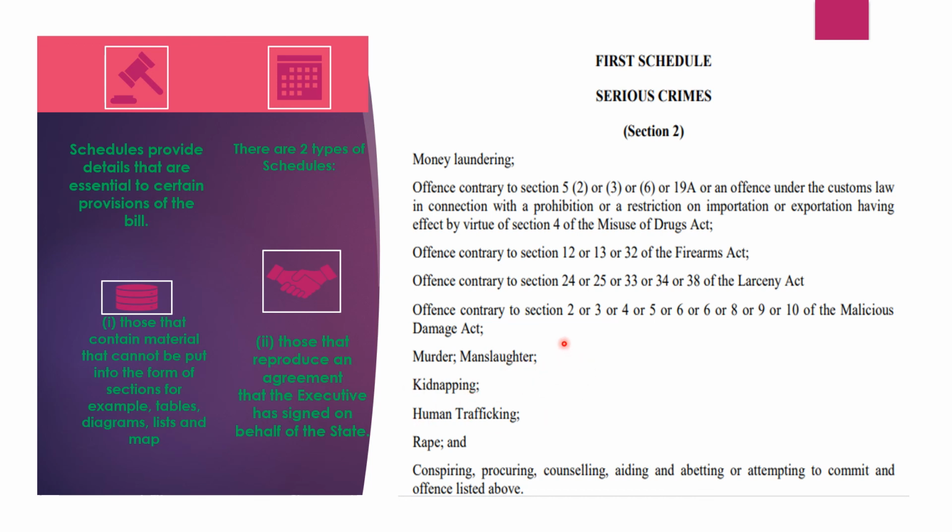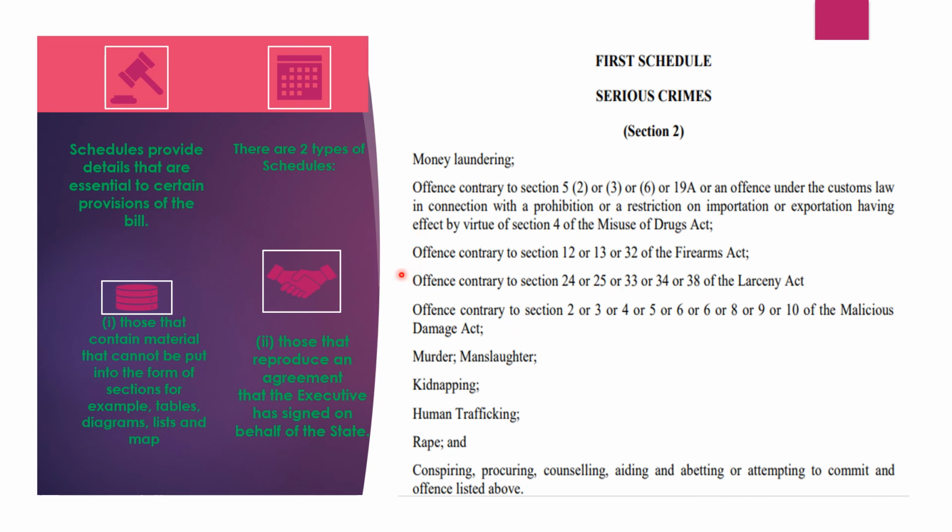So obviously, the legislation that this particular schedule was contained in, on the Section 2, reference was made to serious crimes in the first schedule. And so now that you've come to the part where there's a first schedule in the bill, you see a list of all the serious crimes that Section 2 would have been talking about.